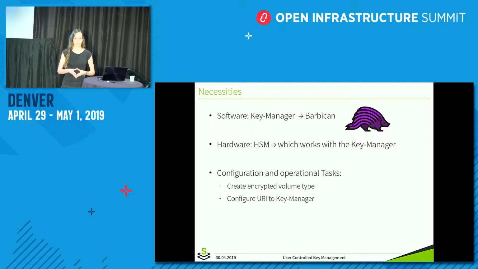And to effectively store these keys, it's good to also use an HSM, which works with the key manager. Additionally to that, you have to have a few configuration and operational tasks. Like if you want to use volume encryption, you have to actually create an encrypted volume type and configure the URI in all the configs to use the key manager, so in that case Barbican.